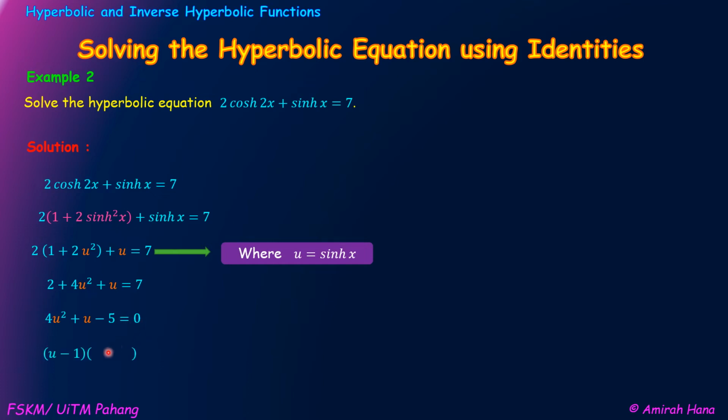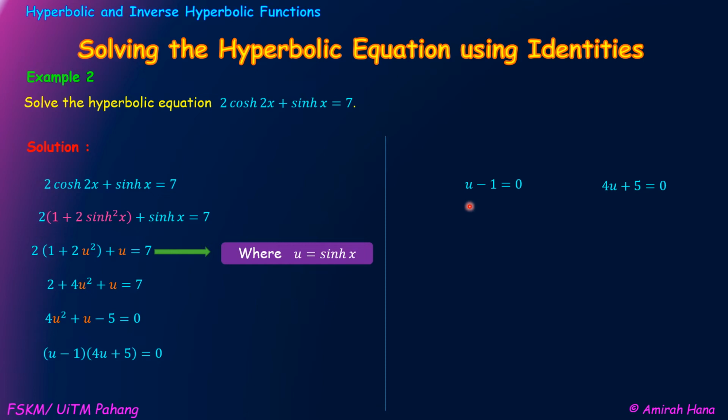After we factorize, we got (u minus 1) times (4u plus 5) equals 0. After that, we equate each factor to 0, so we write u minus 1 equals 0 and 4u plus 5 equals 0.